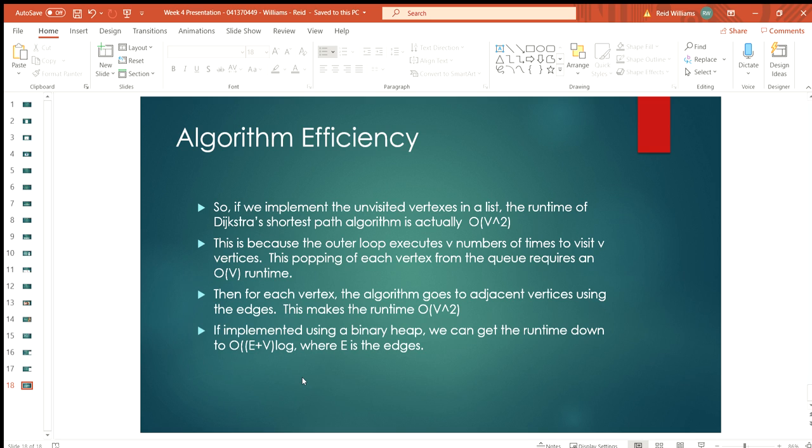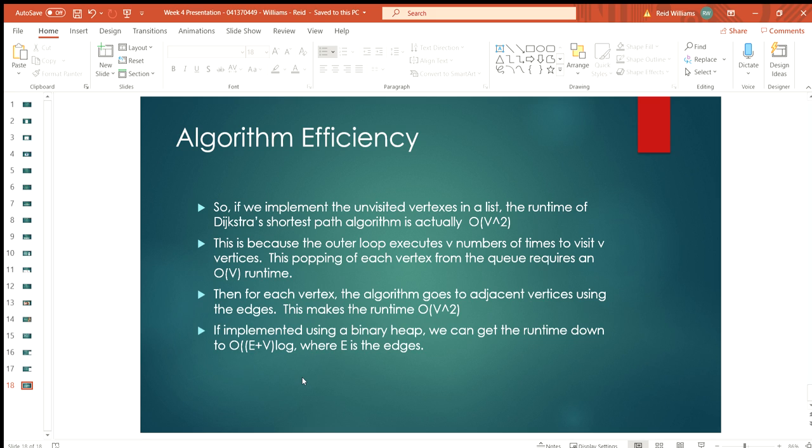Popping each vertex from the queue requires big O V runtime. Then for each vertex, the algorithm goes into adjacent vertexes using the edges, E. This makes the runtime V squared because you're going through all the vertexes and all the edges in a quadratic format. I almost said multiplicative, but that's incorrect.